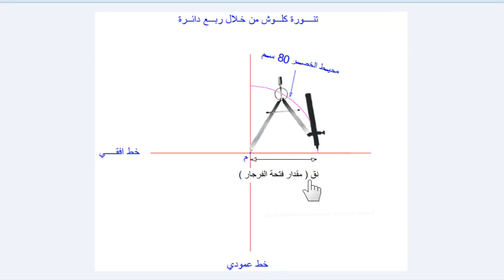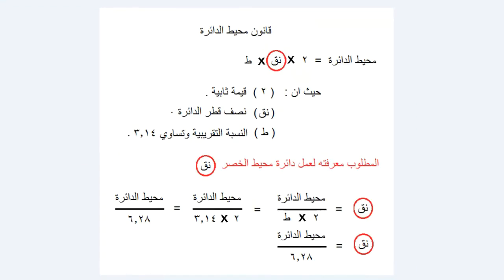How can we know half of the circulation? The truth is we have a rule we took before. This law talks about the circulation of a circle, not the waist circulation. We said we make the skirt either with a quarter of a circle, or half a circle, or a third of a circle, or from a whole circle.